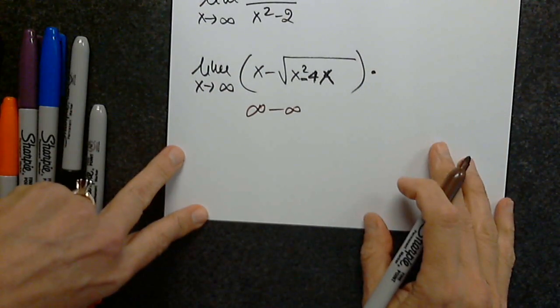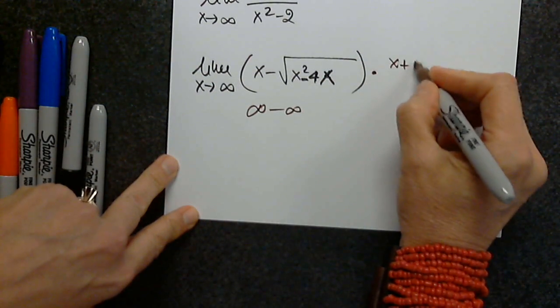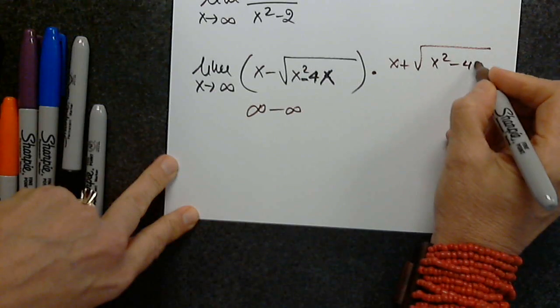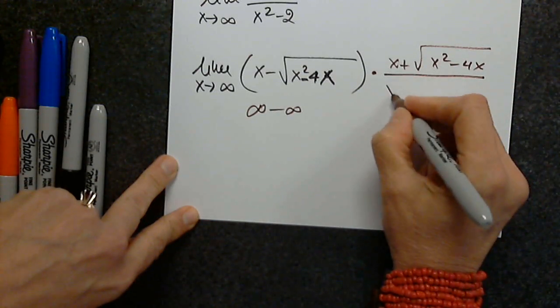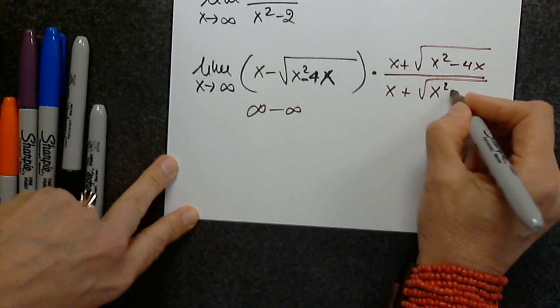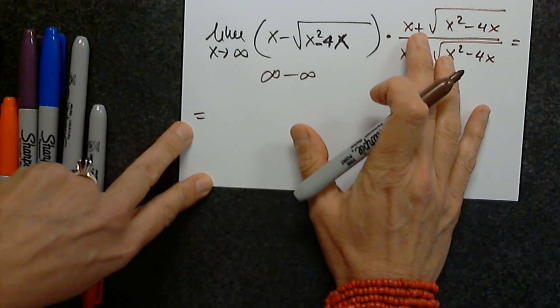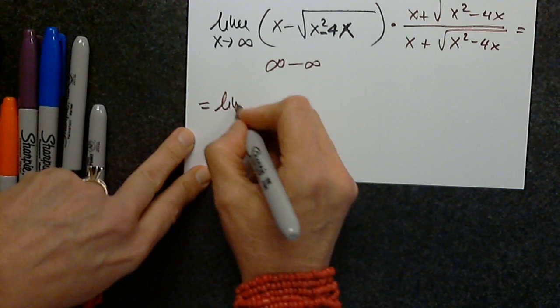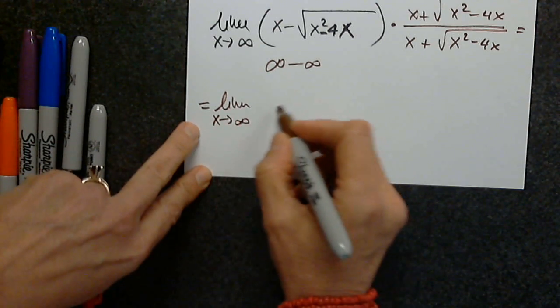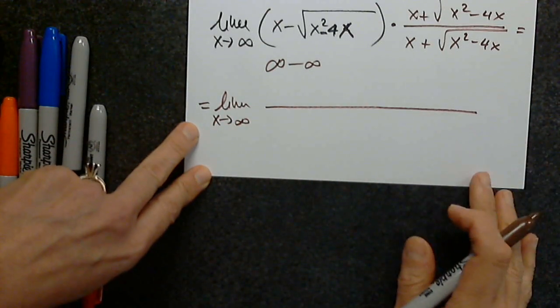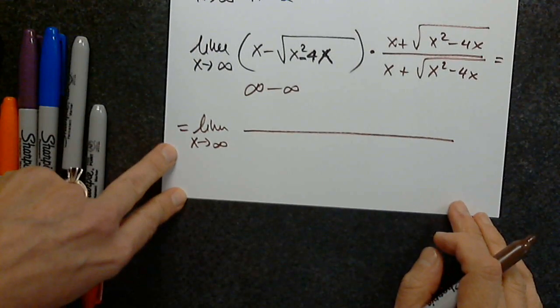So in this case, my only hope is to multiply by x plus the square root of x squared minus 4x over x plus the square root of x squared minus 4x. I was still thinking of whether at first look I missed something.